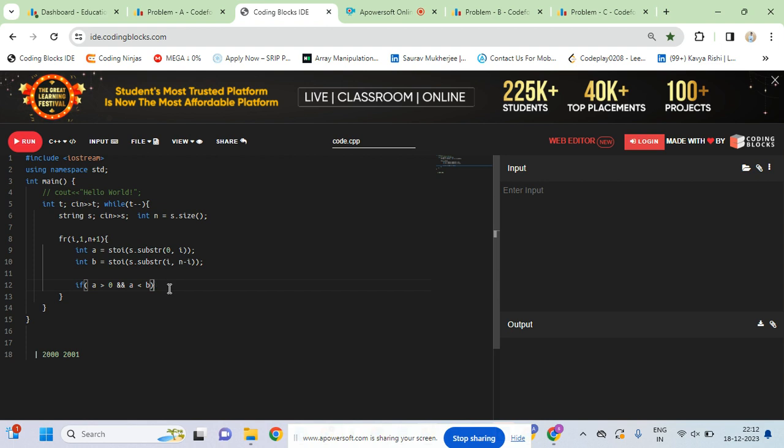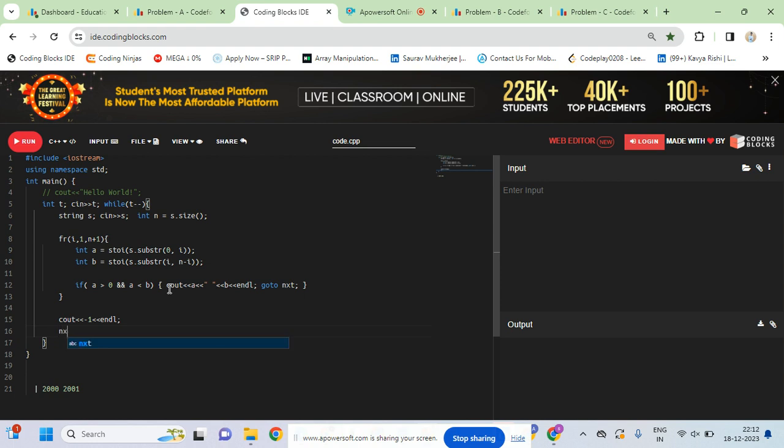So if you found this, you just cout yes, and you got one of the possible combinations. Just print out the possible combination, do endl, and go to next. Otherwise you just cout no. I think it was -1.